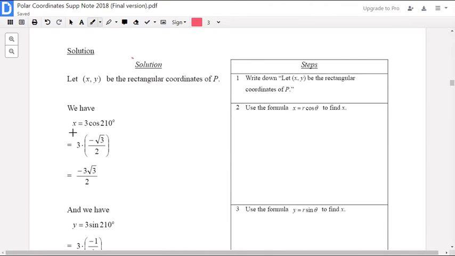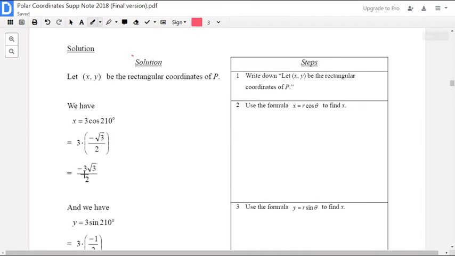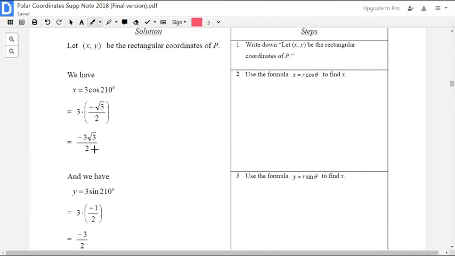So x must be r cosine theta. Cosine 210 degrees, which is a special angle, should be negative root 3 over 2. Multiplying, we get x equals negative 3 root 3 over 2.